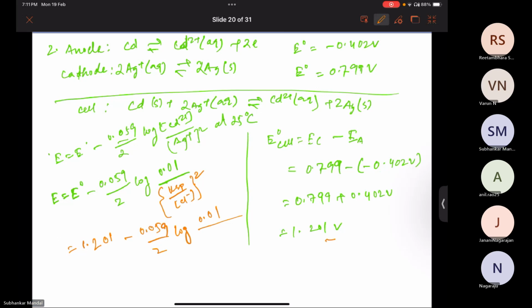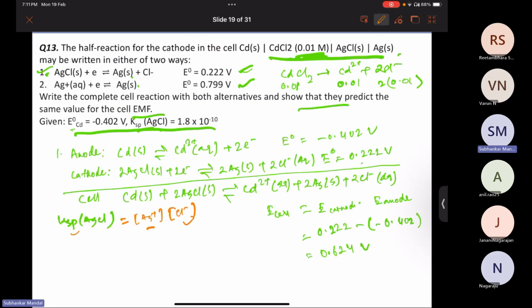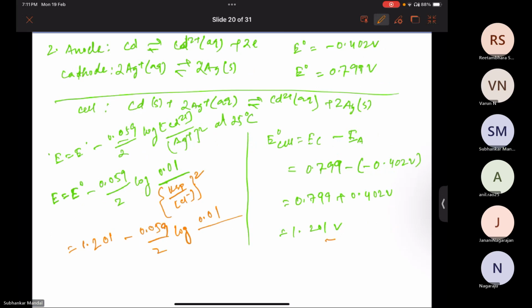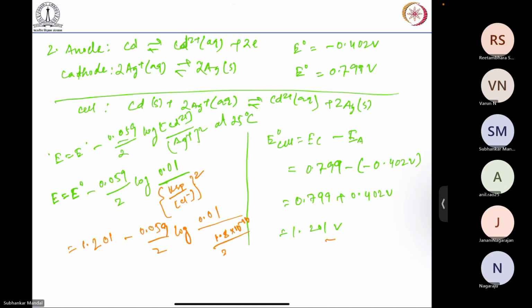Ksp value of 1.8 into 10 to the power minus 10, divided by Cl minus, 2 into 0.01, that square. If you calculate this one, then you will get the cell potential, EMF. Okay. This one we get from this equation.